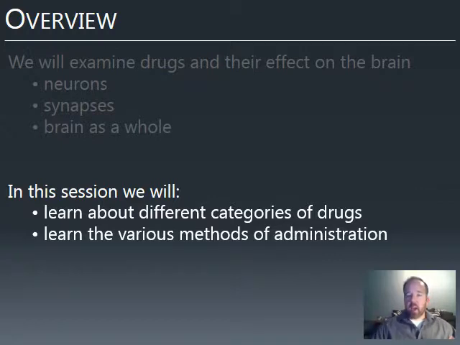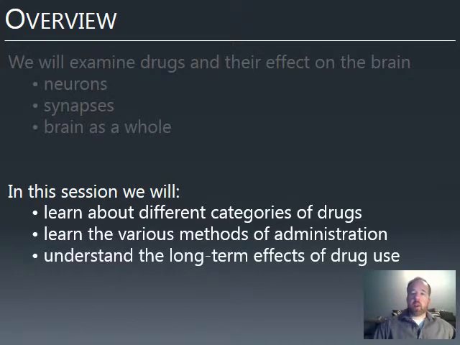That is, how do we get drugs into the body? And then we'll talk about some of the long-term effects of drug use, things like tolerance. How does tolerance develop? Why does tolerance develop? And so that's going to be this lecture. Next week, we'll start talking about drug use and its social implications, in addition to its biological ones.